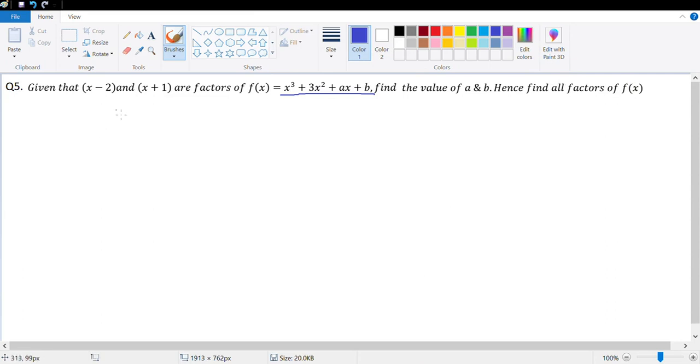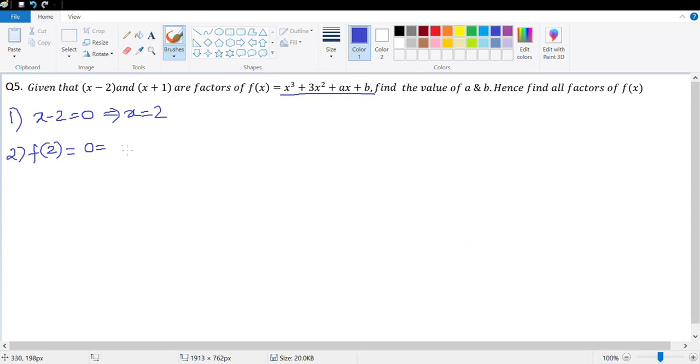Okay. So since x minus 2 is a factor, what we have is, before that, let's write it in this way. x minus 2 is equal to 0, which means x is equal to 2. So the remainder when x is equal to 2 is basically the value of the expression when x is equal to 2, which is equal to 0. So let's put the value of x equal to 2.